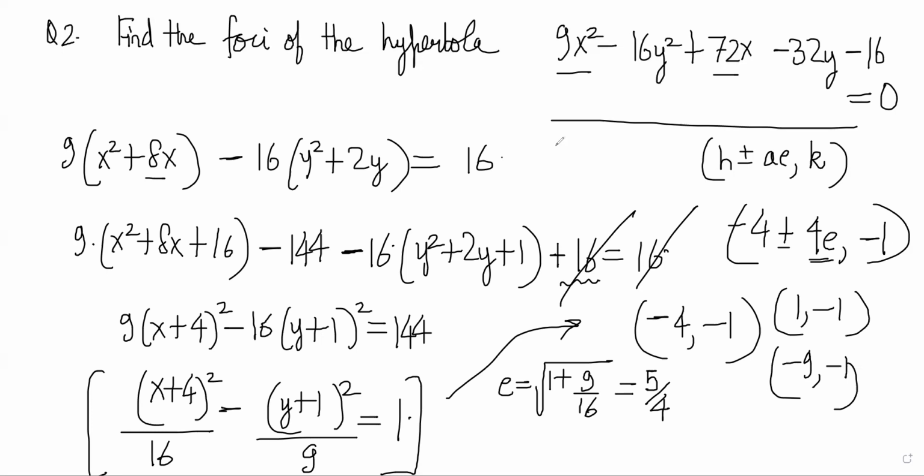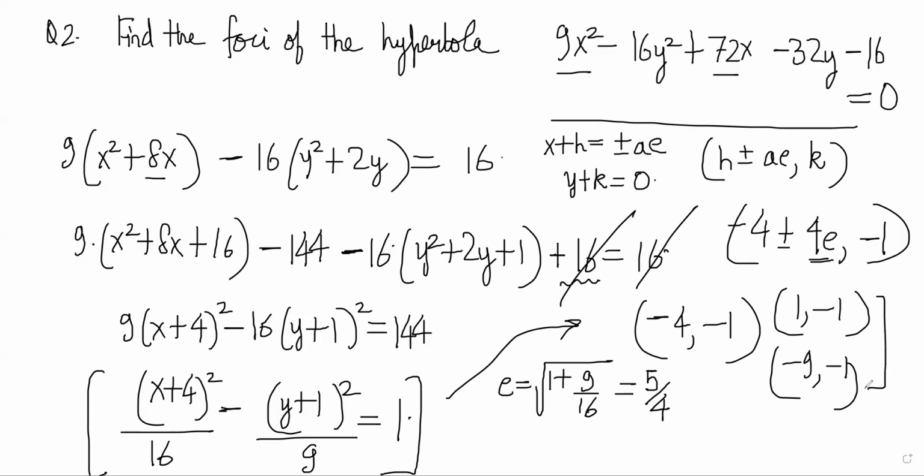So the focus is x plus h is equal to plus minus ae and y plus k is equal to 0. So plus minus ae minus h, right? So we have basically x plus 4 is equal to plus minus ae. So 4 times 5 by 4. Okay, I'm correct only. These are the foci, right?